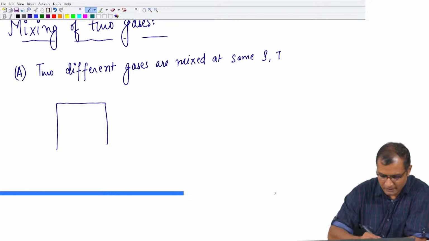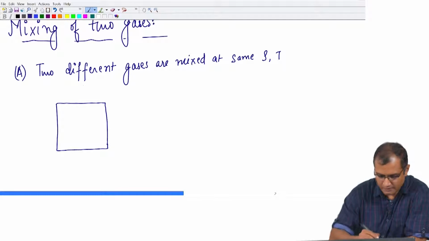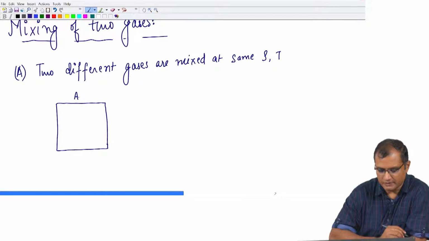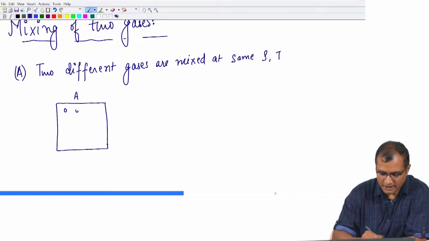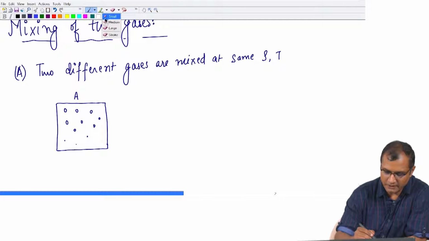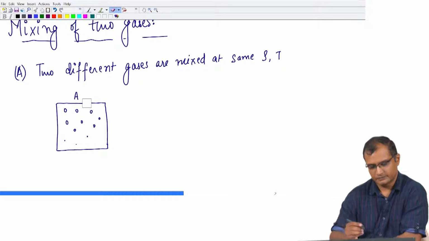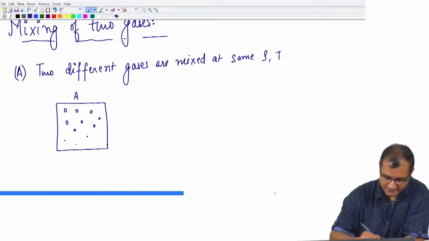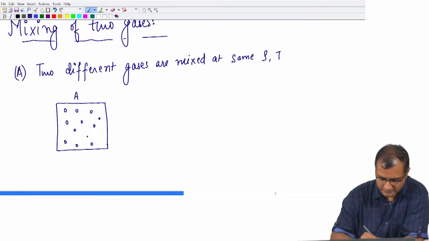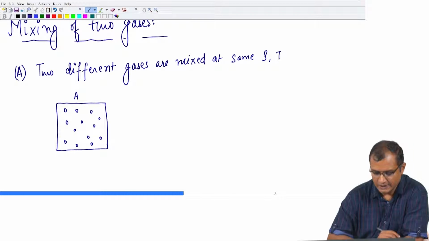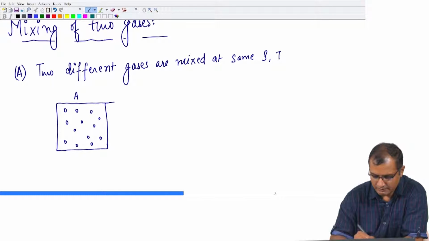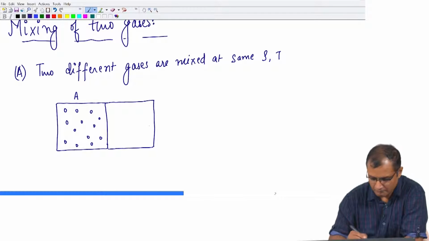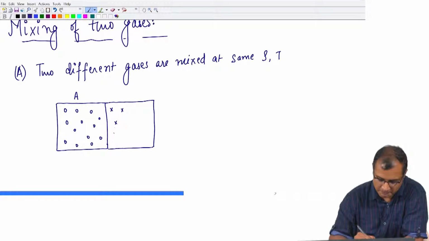You take one gas in a container, call it gas of type A, and you indicate A type particles with, let us take circles. And you take in another chamber gases of type B.